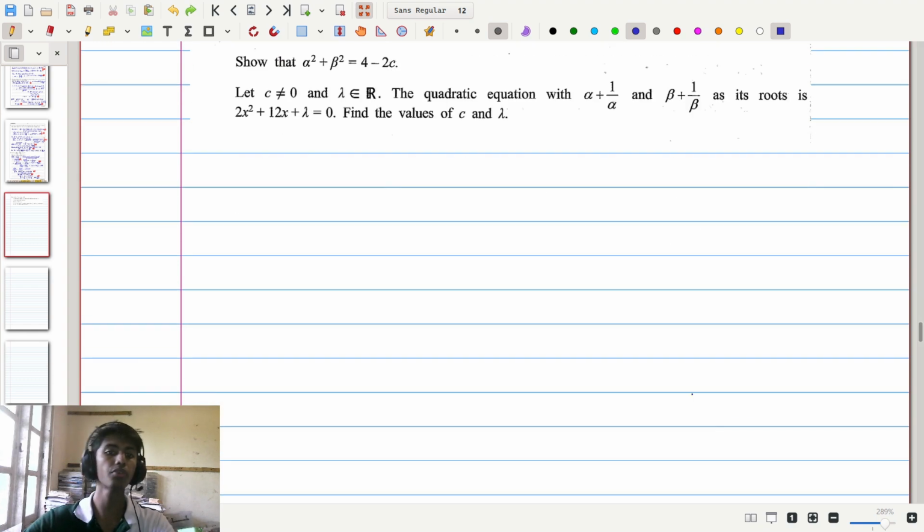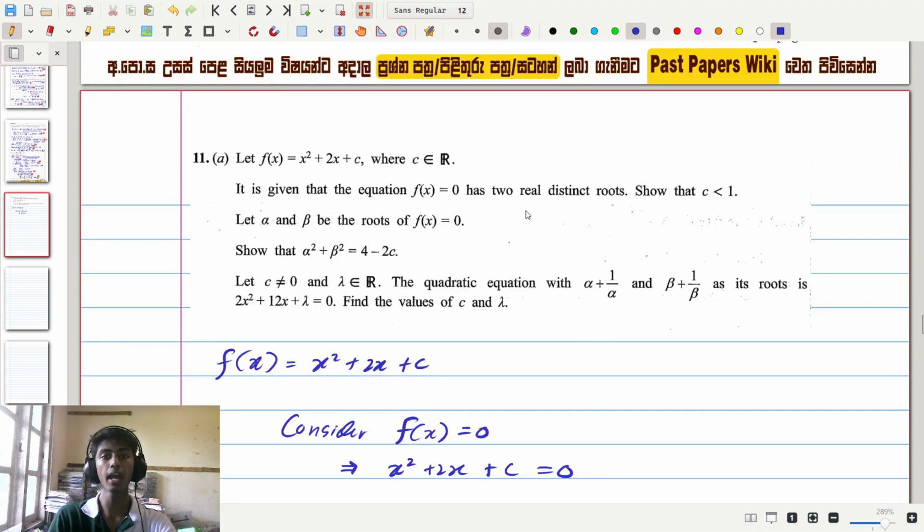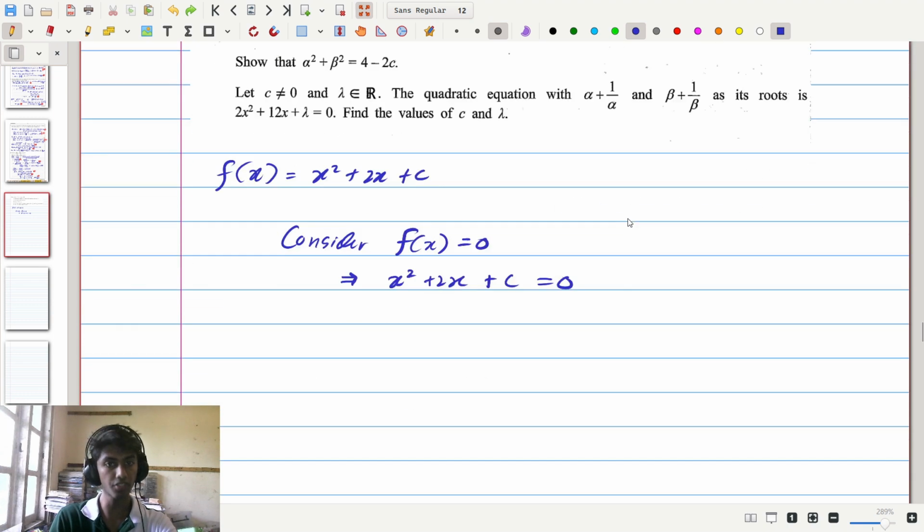So to start off, we have the function f(x) equals x squared plus 2x plus c, and we have to consider f(x) equals 0. Now in this situation, f(x) equals 0 equates to x squared plus 2x plus c equals 0. And we are told that this has two real distinct roots.